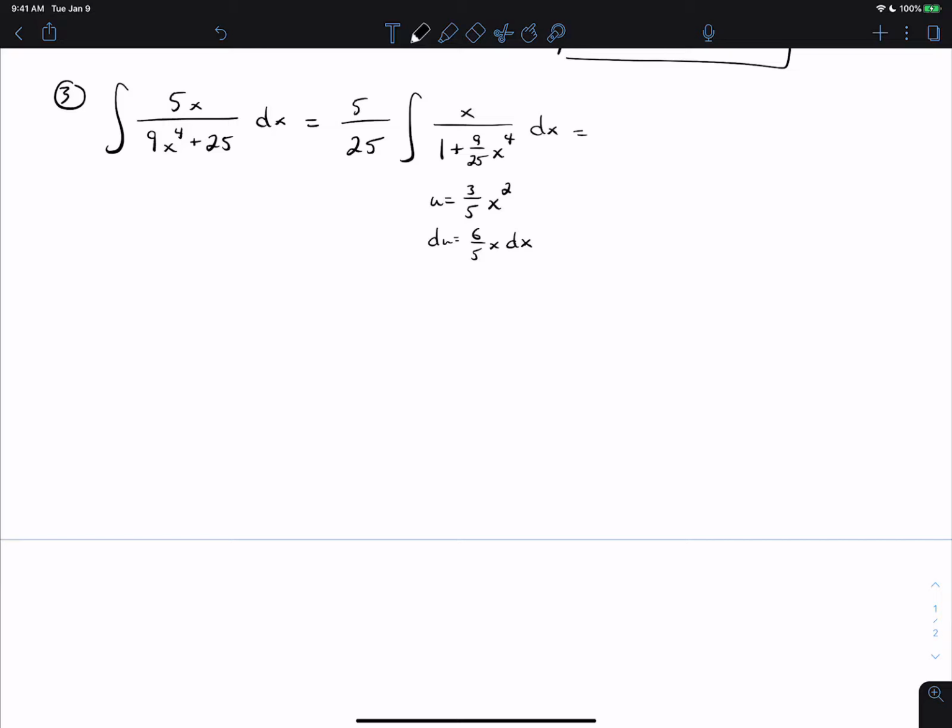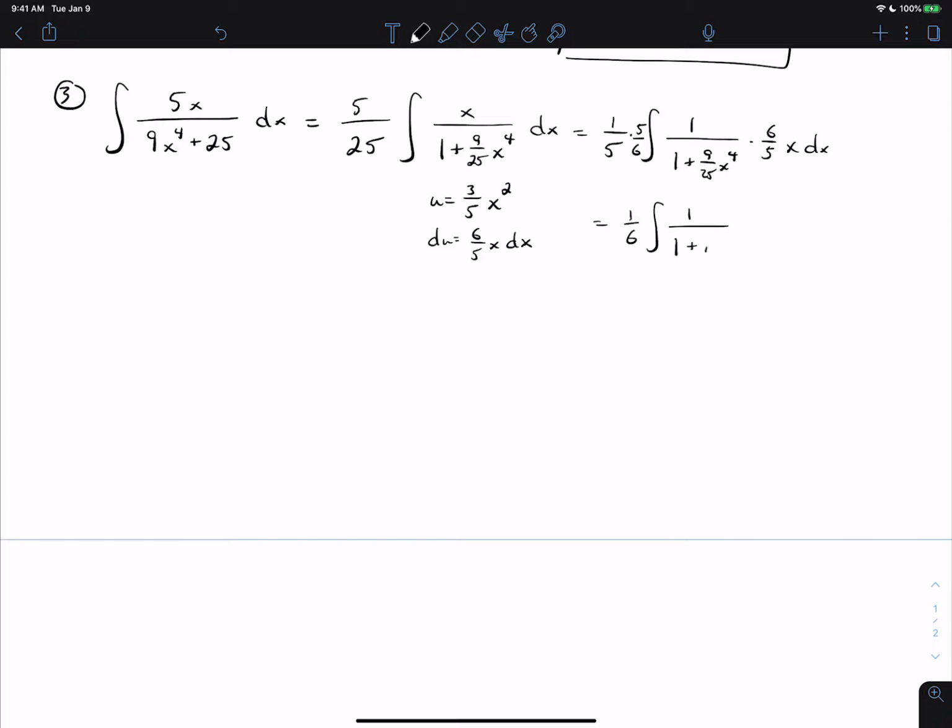So the 5 over 25, we simplify to 1/5. We move the x off of the fraction. We need a 6/5 inside. So we multiply inside by 6 over 5 and outside by 5 over 6. The 5's cancel on the next step, so we get 1/6.